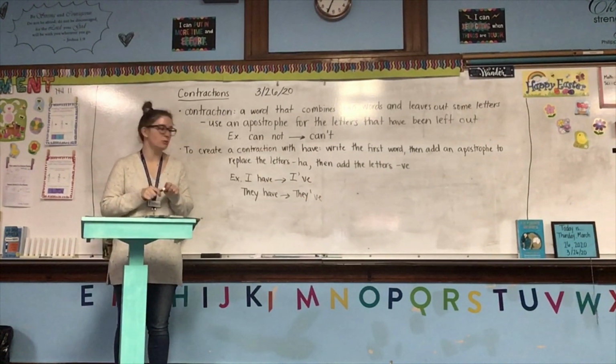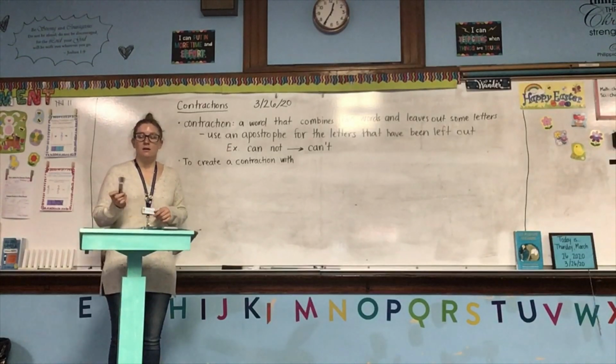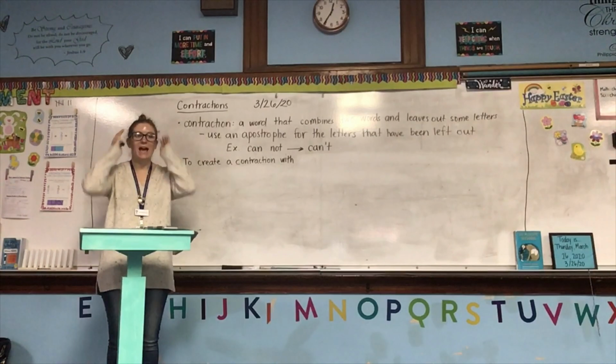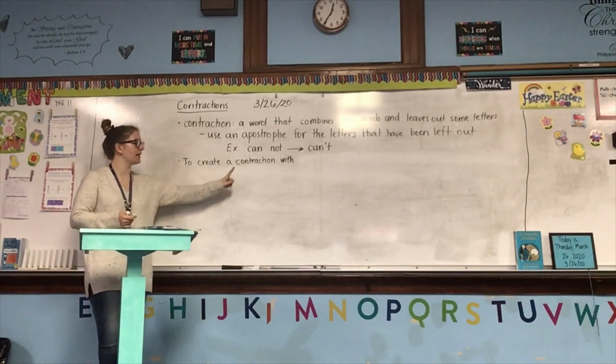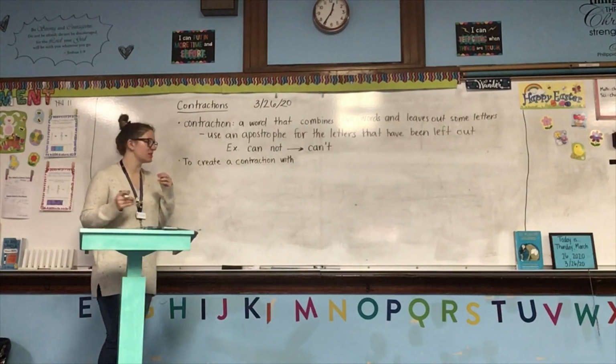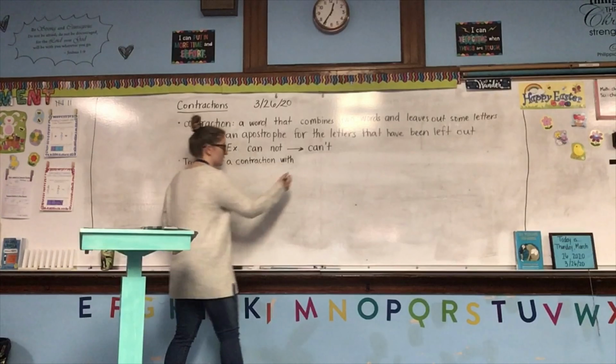And that is how you would contract anytime you want your second word to be have. Now, underneath where you just wrote how to create contractions with the word have, go ahead and write "to create a contraction with," because we're going to talk about the last new thing we're going to talk about today, which is to create a contraction with would.